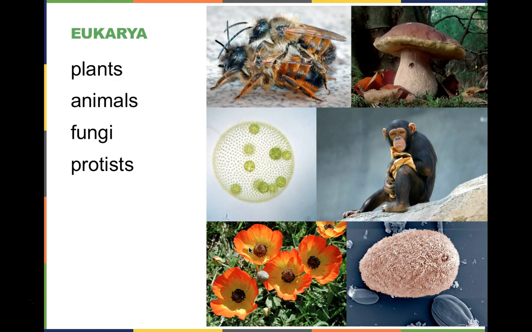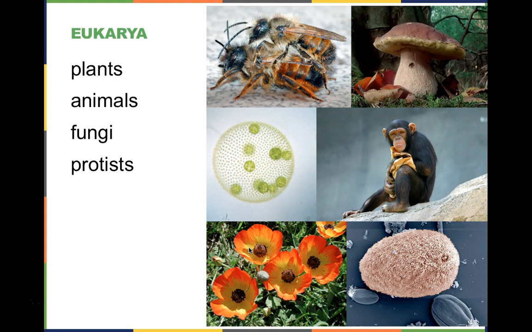Those are the flowers at the bottom left, the chimpanzee in the middle right, and even the bees at the top left. For fungi, students don't always recognize fungi, which would be examples of molds grown on the forgotten food in your refrigerator or bread left on the counter in your cupboard. Also mushrooms that we see in the top right. Those are types of fungi.